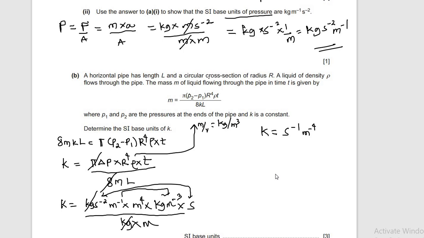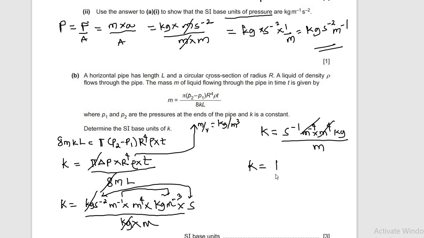We still have another m raised to the power 4 there, and we have kilogram all over meter. This m minus 4 and m plus 4 cancel out. So what is left for K?